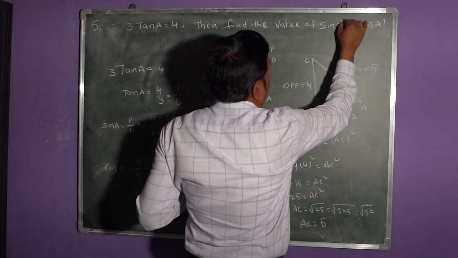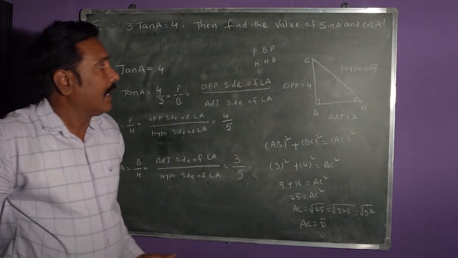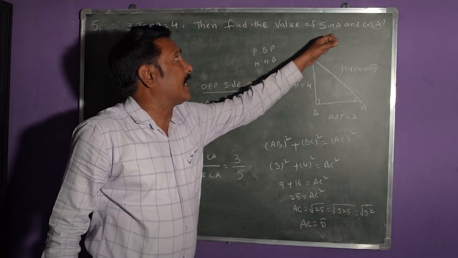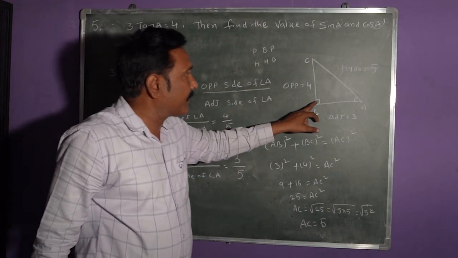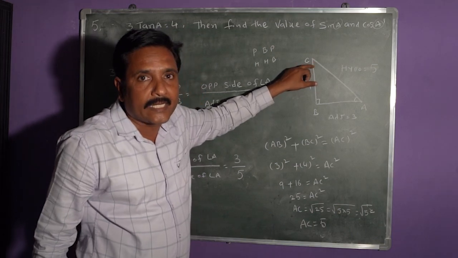Why? Because that question is about angle A, sin A and cos A. If the question is find the value of sin B, cos B, then I will see from this side. And if the question is sin C, cos C, I will see from this side.